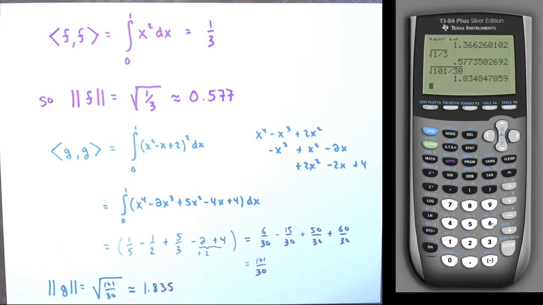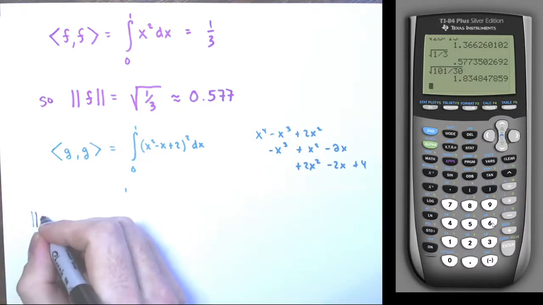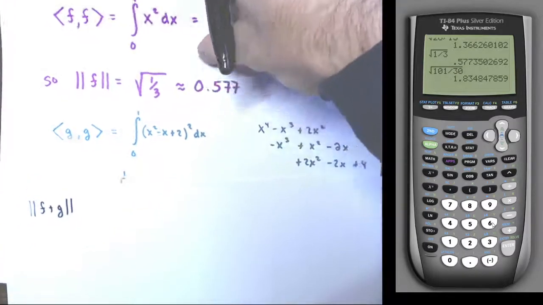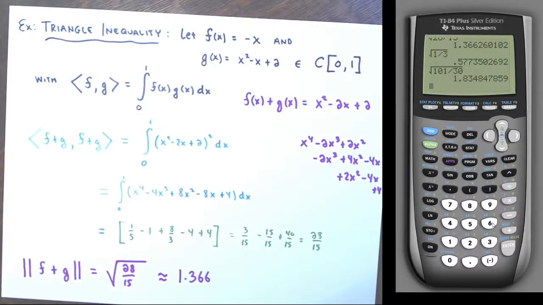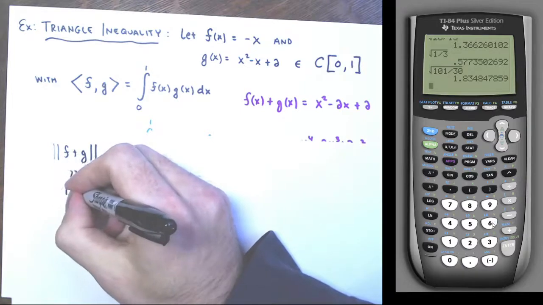All right, let's see. Now, is the norm of f plus g less than or equal to the norm of f plus the norm of g? So the norm of f plus g, I found that on the earlier page, was approximately 1.366.